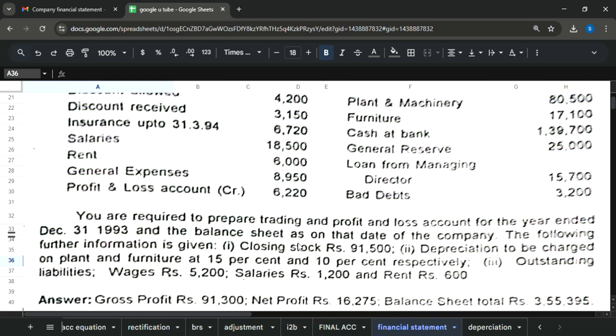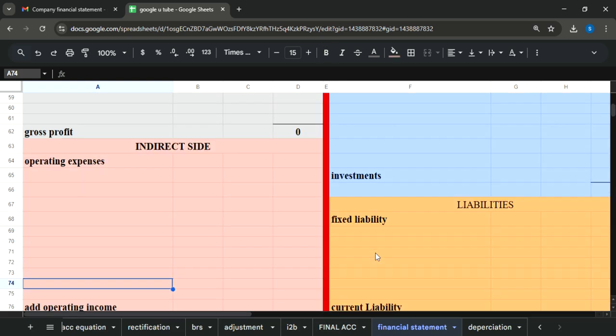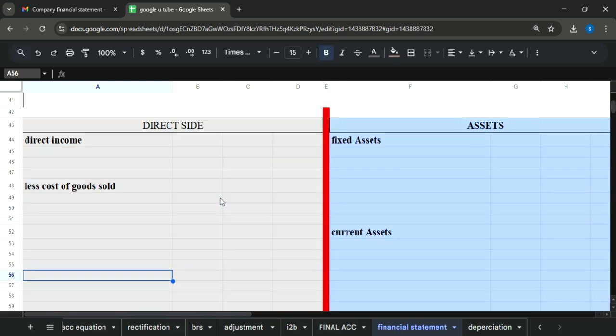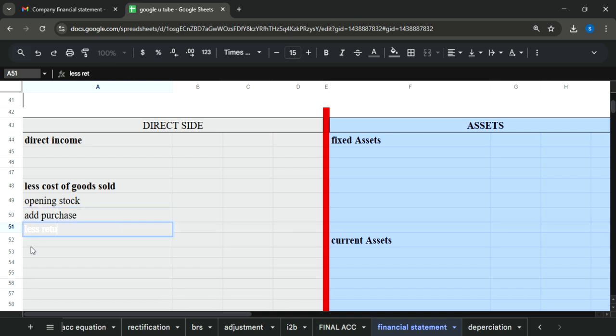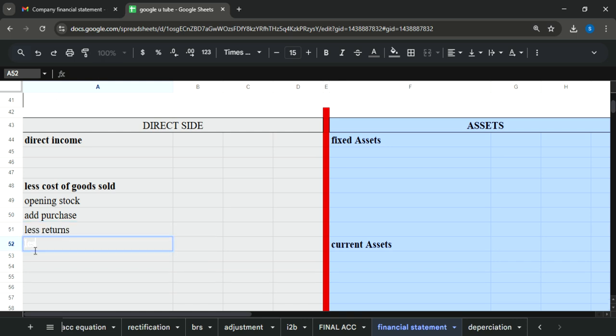The following further information is given: closing stock. And as you know, closing stock is part of the cost of goods sold statement, where first you will write opening stock, then you will add purchases, then you will note returns, then you will also subtract closing stock, and this stock is being discussed over here.